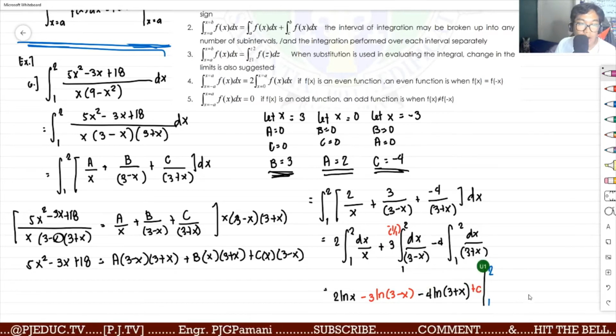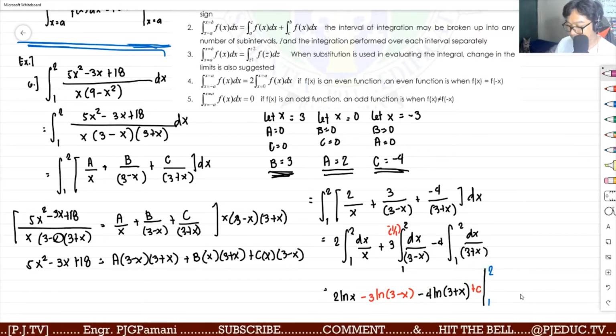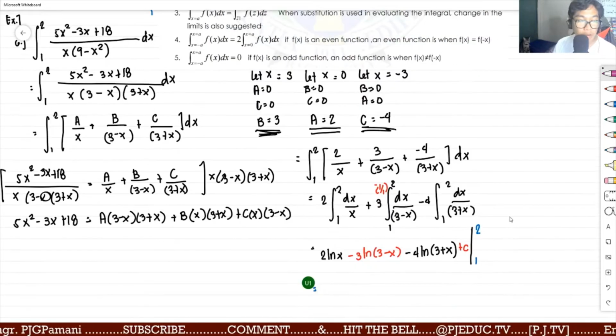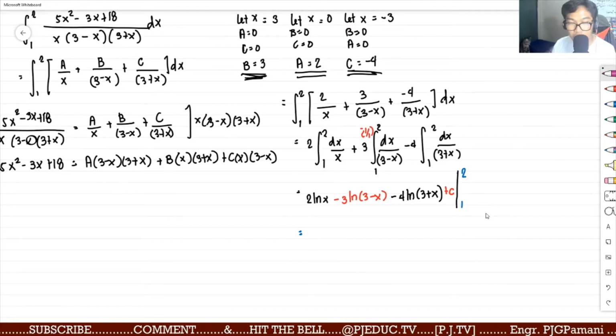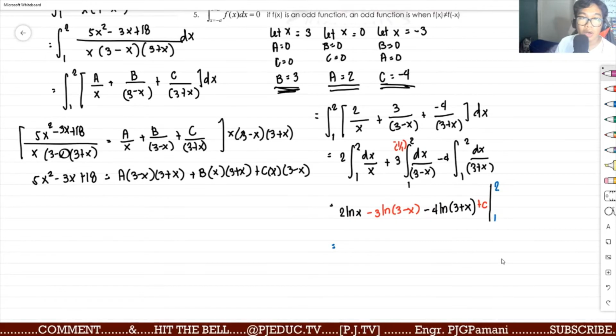Then, your upper and lower limit. Substitute your upper limit and again, subtract it with your lower limit.